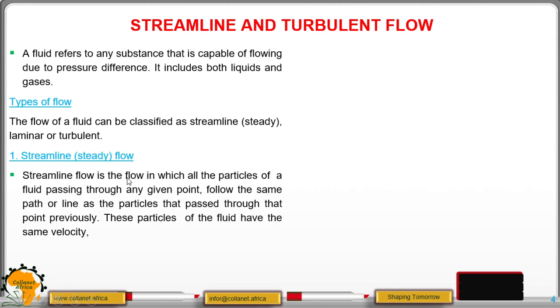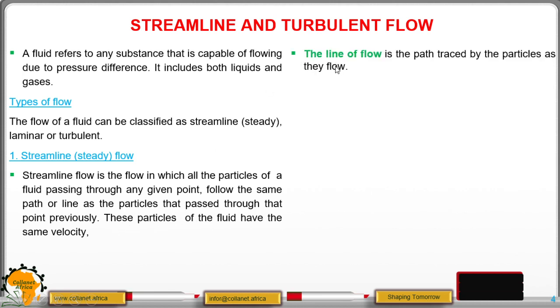Streamline flow is a flow in which all the particles of a moving fluid passing through any given point follow the same path or line as the particle that passed through that point previously. These particles of the fluid have the same velocity.